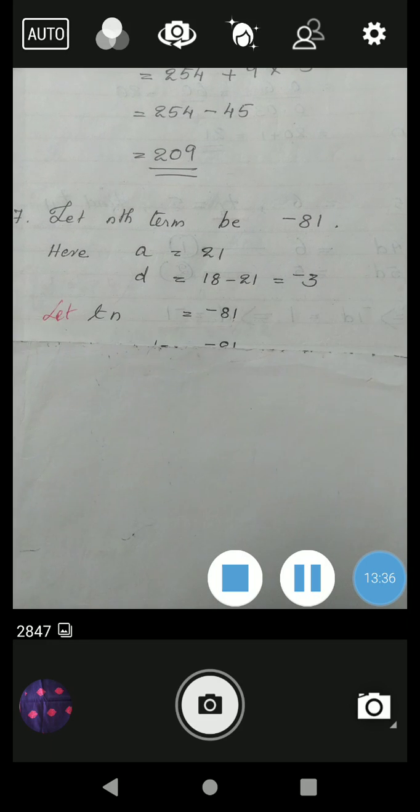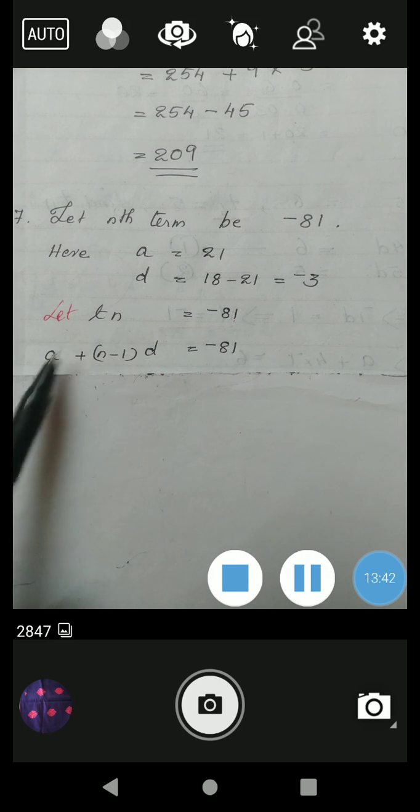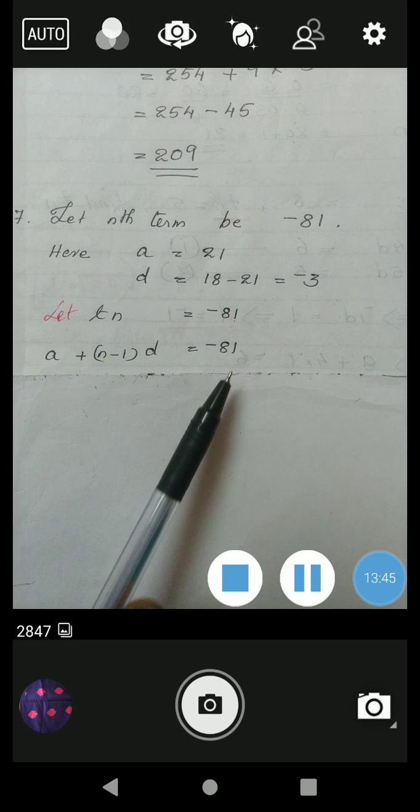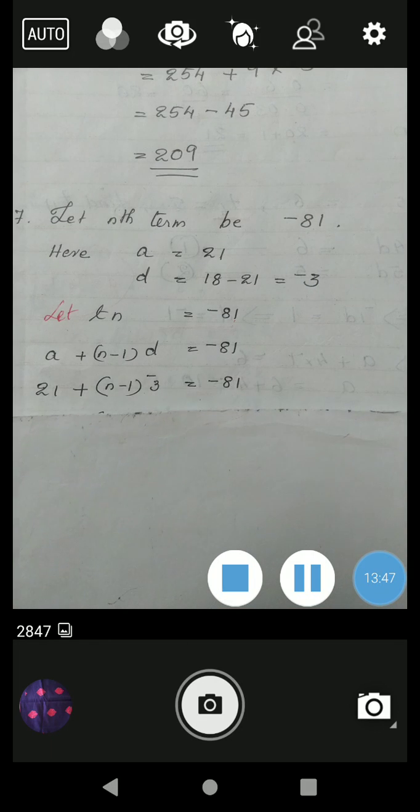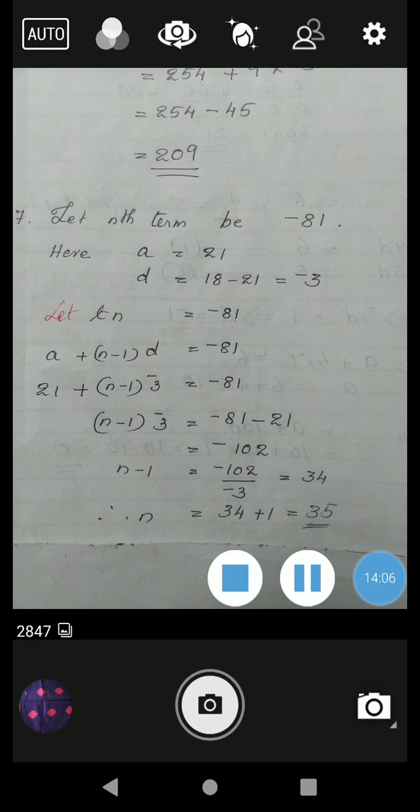Therefore, Tn is equal to minus 81. We can substitute that formula here. A plus n minus 1 into D is equal to minus 81. That is 21 plus n minus 1 into minus 3, which is equal to minus 81. Transpose 21 to the other side. And we get n minus 1 is equal to minus 102 by minus 3, which is equal to 34. Therefore, n is equal to 35.